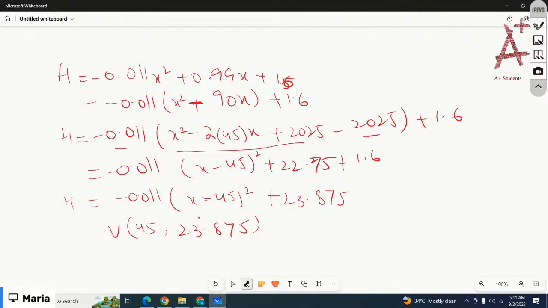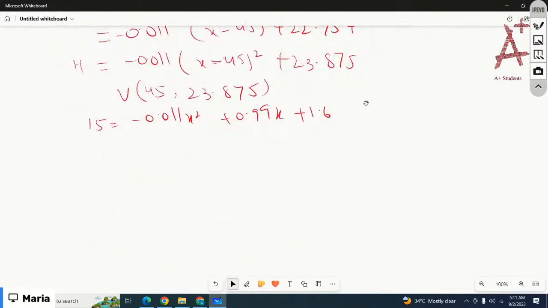So it would be 15 equals negative 0.011x squared plus 0.99x plus 1.6. Just rewrite the equation, move 15 to the other side. So it would be 0 equals negative 0.011x squared plus 0.99x plus 1.6 minus 15, which is negative 13.4, equals 0, right?